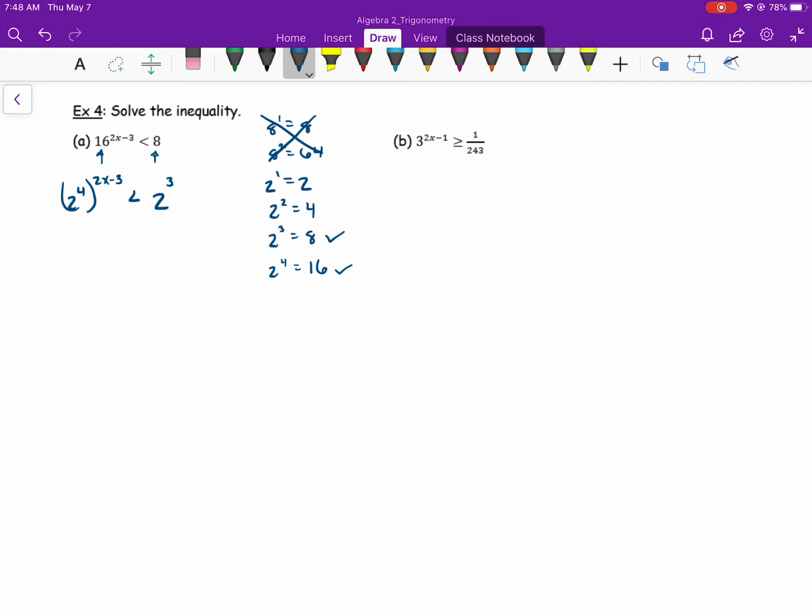Power to a power property, so I'm going to distribute that 4. 2 to the 8x minus 12 is less than 2 cubed. I have the same base now. So I ignore the base and just set the exponents equal to each other and solve.